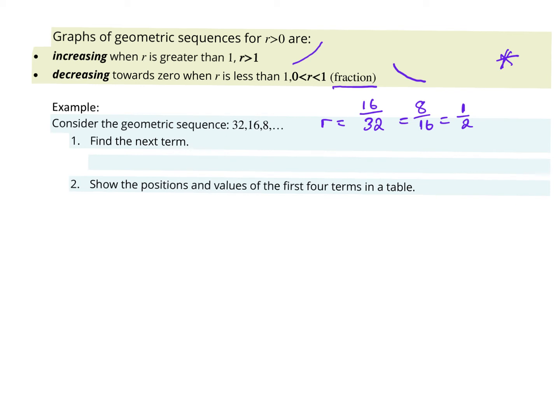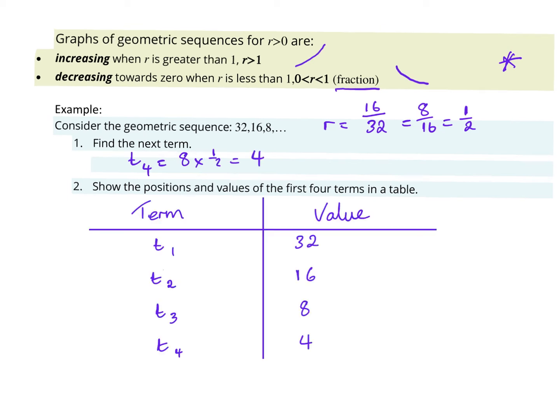We also know, because R is between 0 and 1, that our graph would be decreasing, and we can see that our sequence is getting smaller. So find the next term, which would be term 4, and of course it's going to be 8 times 1/2, which is 4. And putting all of those values into a table showing their position and value looks like that. Term on one column, value on the other, and then fill it in.